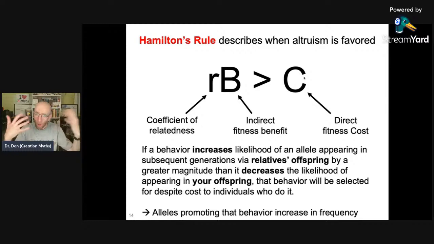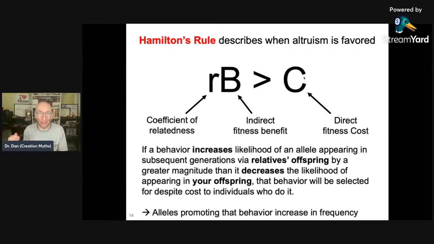So I'm just going to read this. What this means is that if a behavior increases the likelihood of an allele appearing in subsequent generations via relative offspring by a greater magnitude than it decreases the likelihood of it appearing in your offspring, that behavior will be selected for despite the cost to the individuals who do that behavior, right?